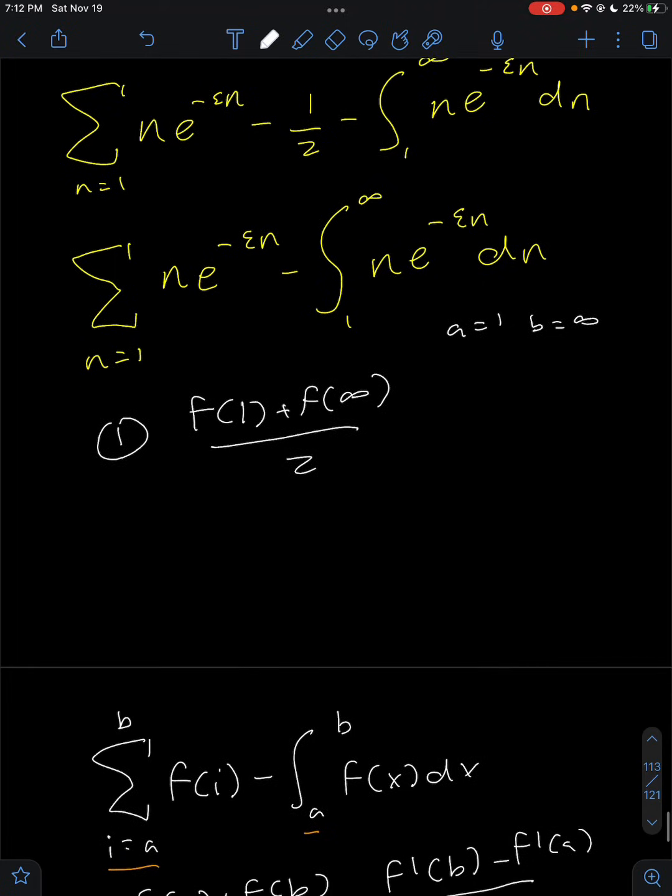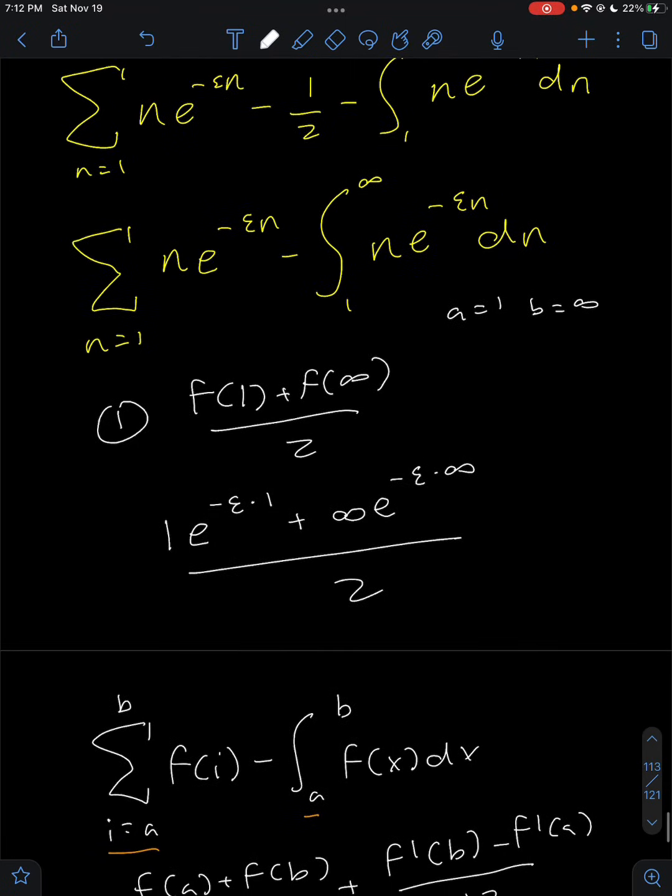What's f of 1? That's just 1 times e to the minus epsilon times 1, plus e to the minus epsilon times infinity, over 2.